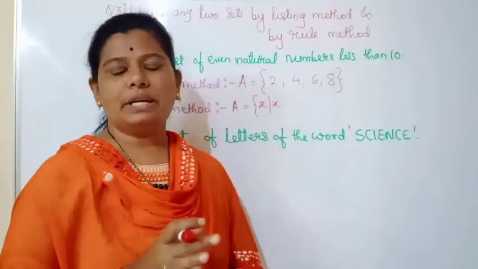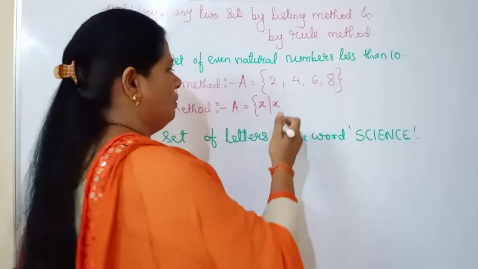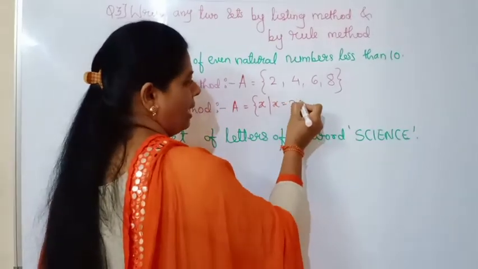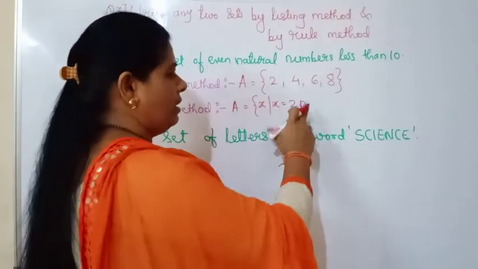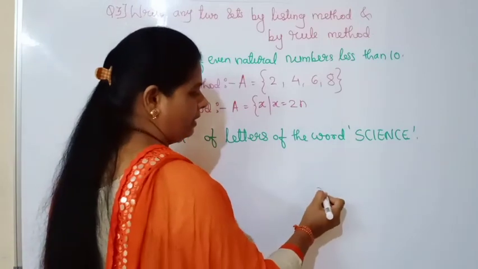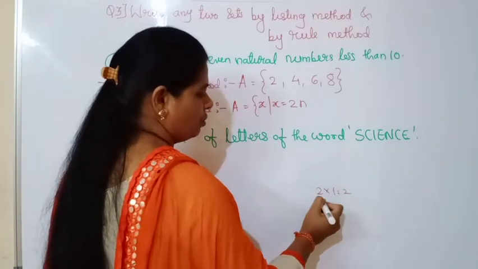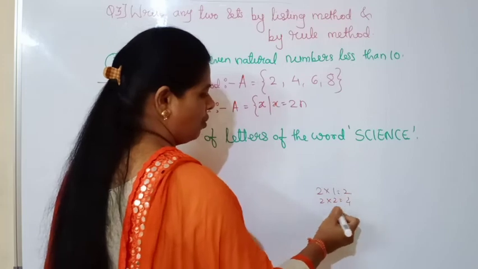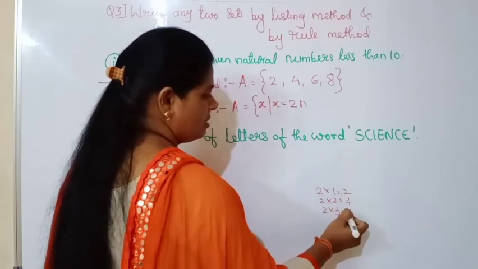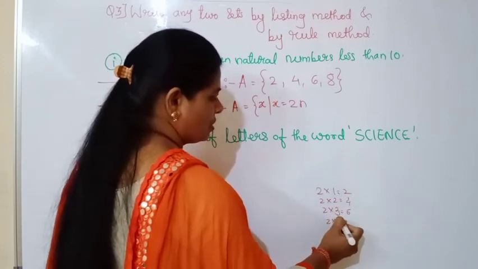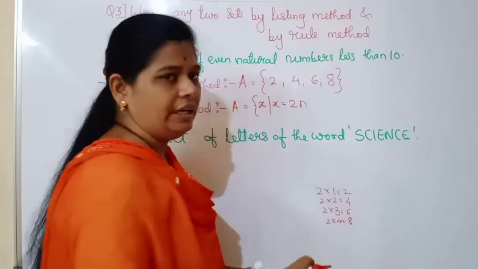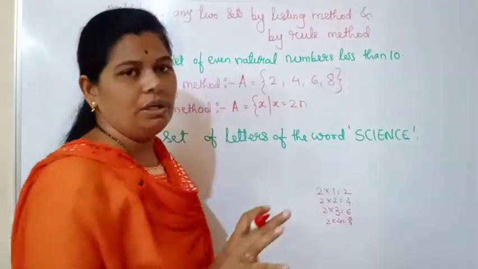So 2, 4, 6, 8 are multiples of 2. So we will write here 2n. Now what is the value of n here? As all of you know how we write the table, 2 1s are 2, 2 2s are 4, 2 3s are 6, 2 4s are 8. I will write only till 8 because here the numbers are only till 8.